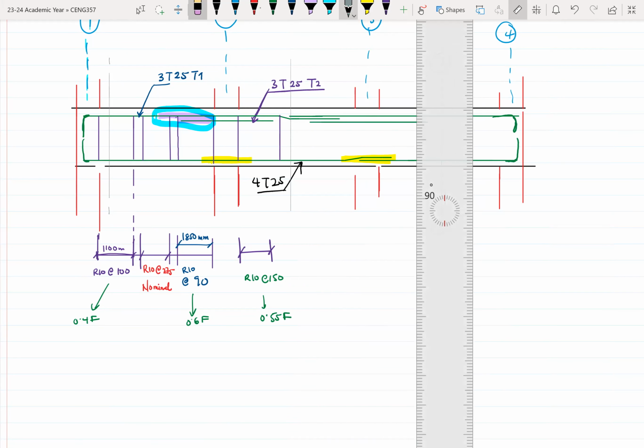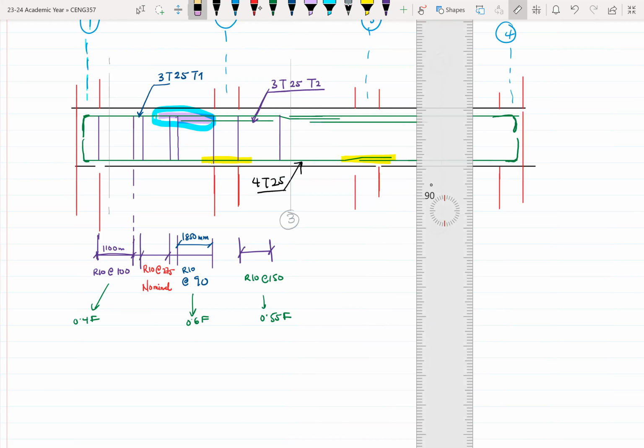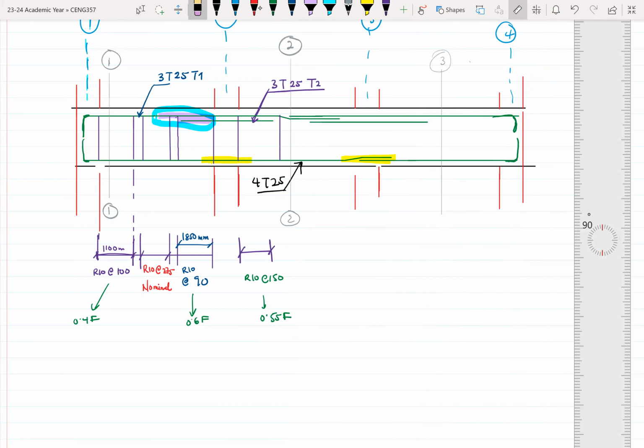So that is 2, 2 rather, not 3, 3, because that's already a 3, 3. So this is 1, 1, and then here is 3, 3. Just so we draw the cross section of the beam.